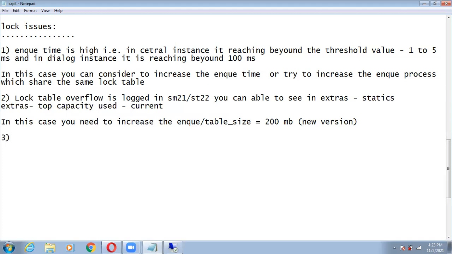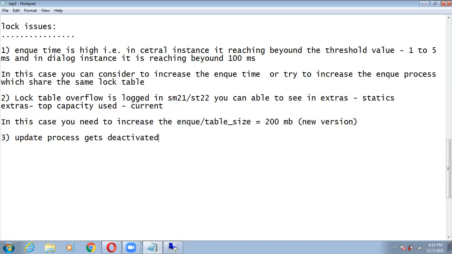So now one more user complaint is that the update process gets deactivated.